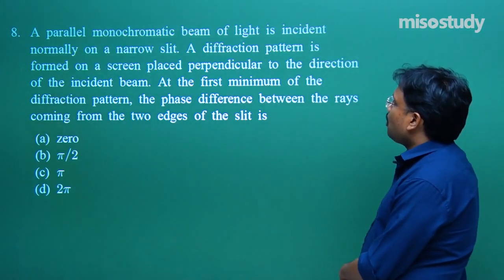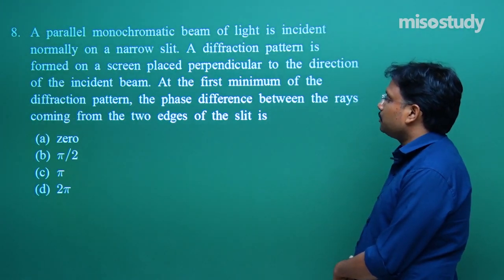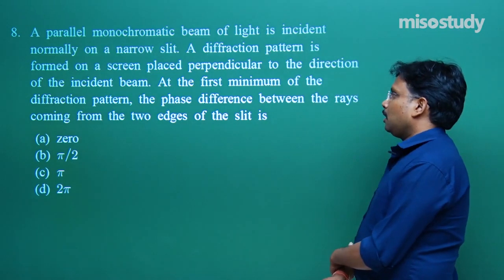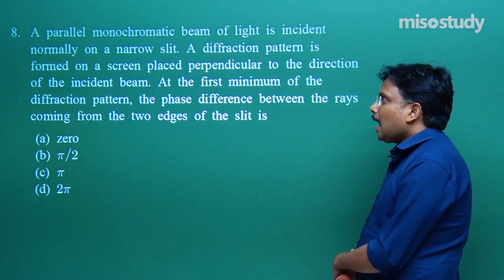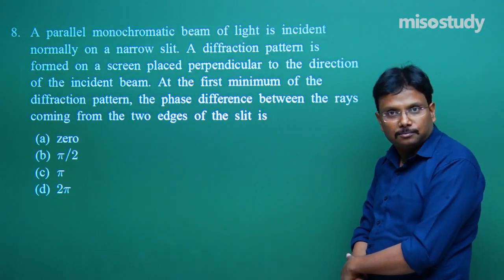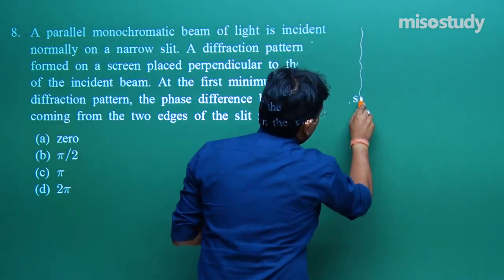At the first minima of the diffraction pattern, the phase difference between the rays coming from the two edges of the slit is how much? Direct concept and theoretical formula based question, okay. So let us try to find out the solution.